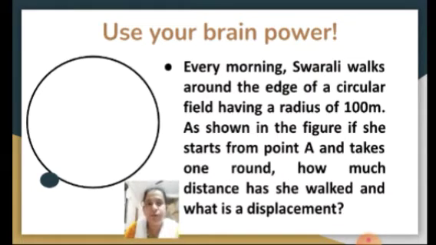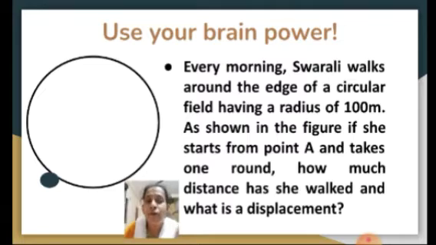Therefore the displacement will be 0, because the minimum distance itself is the same point. But the distance, since it is the length of the actual path, becomes the circumference of the circle, and the circumference is given by the formula 2 pi r. So you can find out the distance travelled by Swarali every morning.